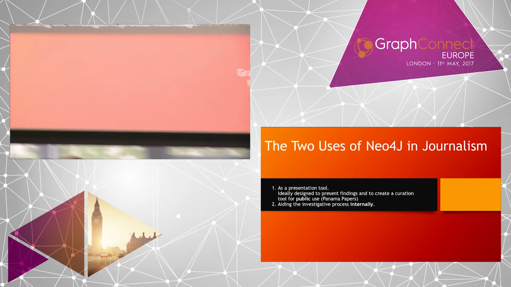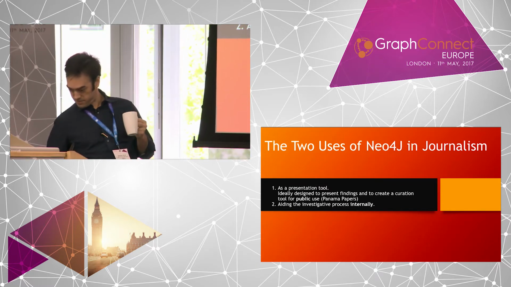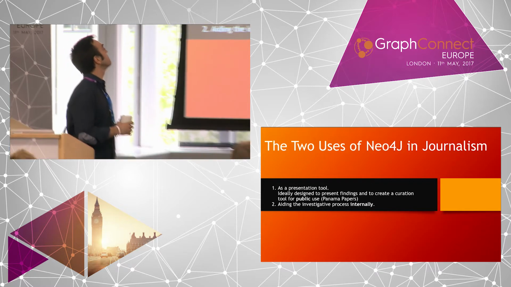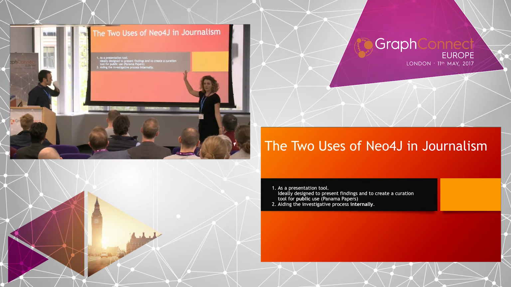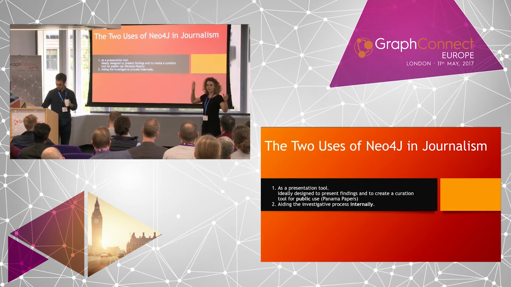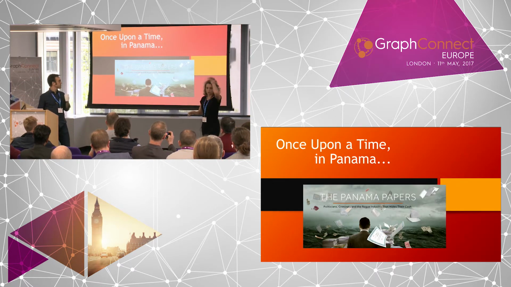So basically there are two ways to think about how to use Neo, in our opinion. One is kind of what you all think of when you think of the Panama Papers, right? They use it as a presentation method. ICIJ has that great offshore leaks thing.